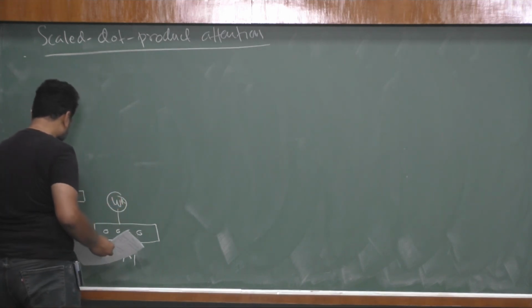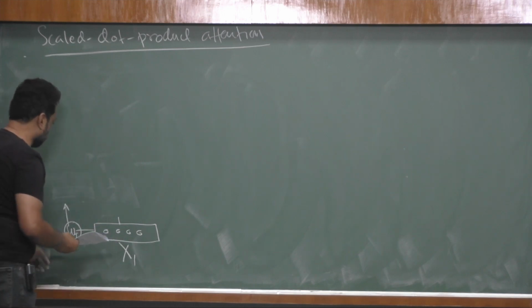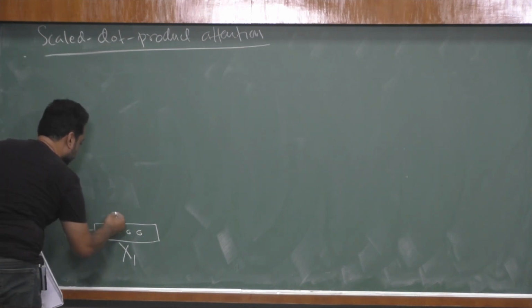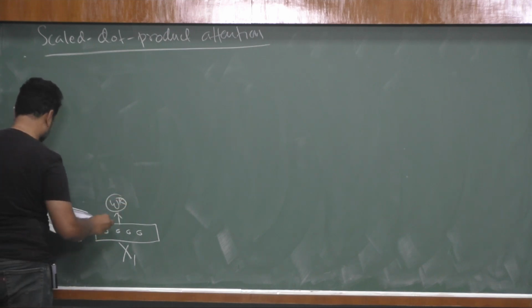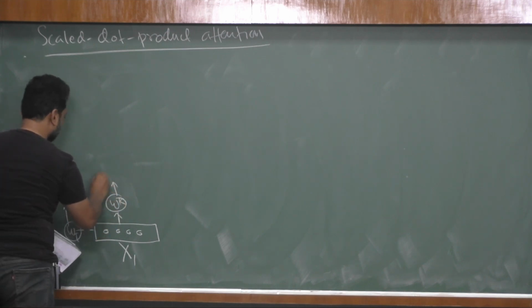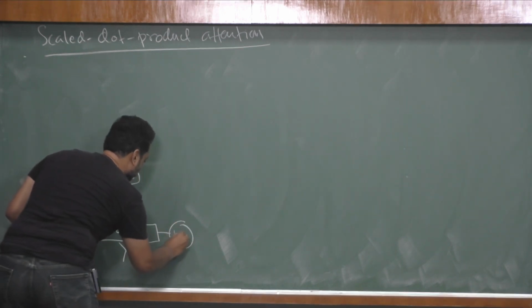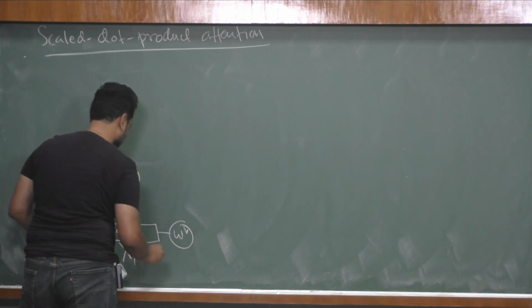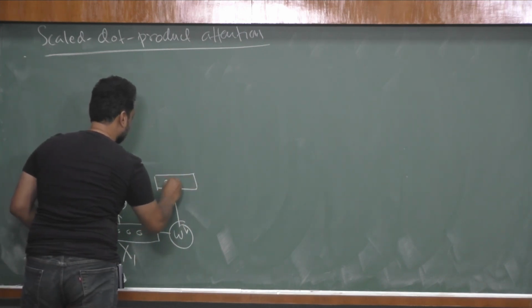Let me draw this a little bit. Let us say we have WK, the weights for the key, and this gives me a key vector. Then we have WV, the value, and this gives me a value vector.